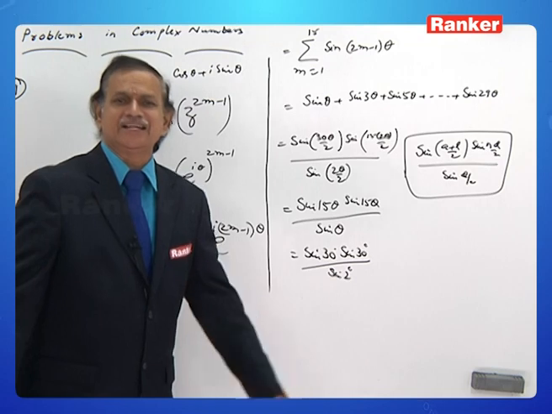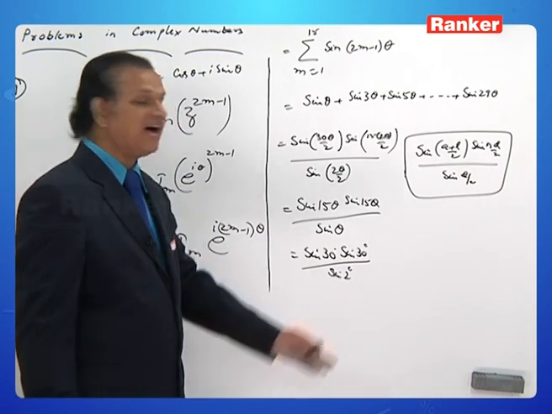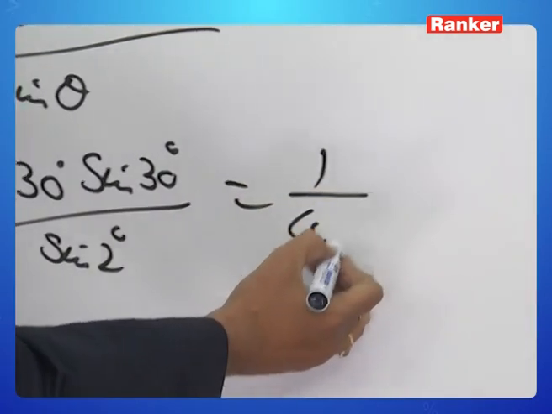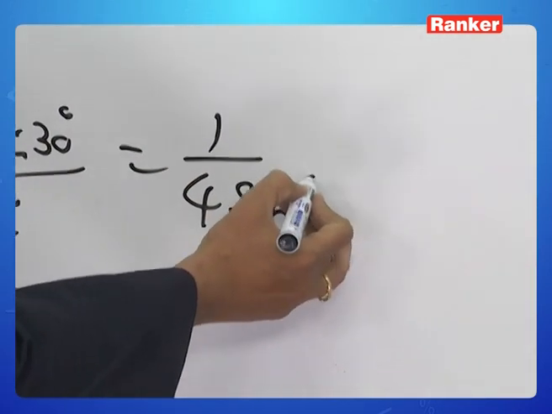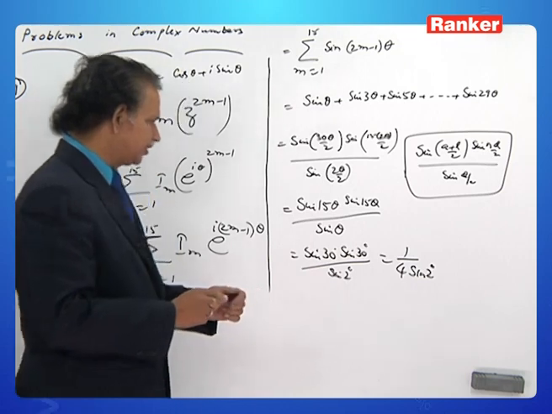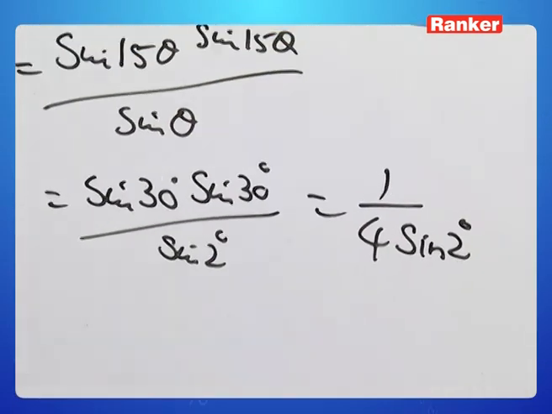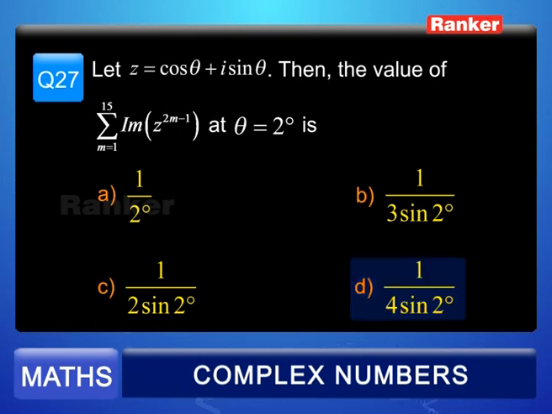What is sin 30 degrees? Half. Half into half, 1 by 4. Total, it is going to become 1 by 4 sin 2 degrees. Is it available among the options? Of course, it is available in the fourth option. That is, option D is the right option, and the answer is 1 by 4 sin 2 degrees.